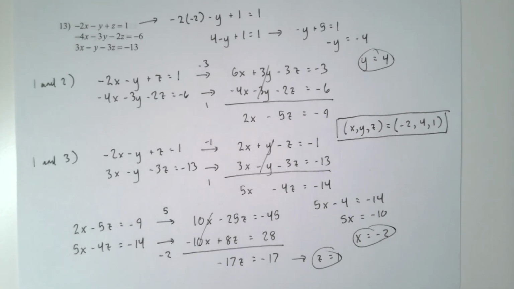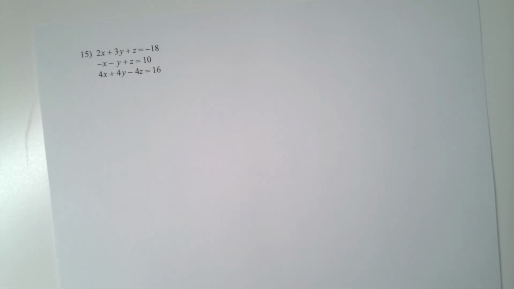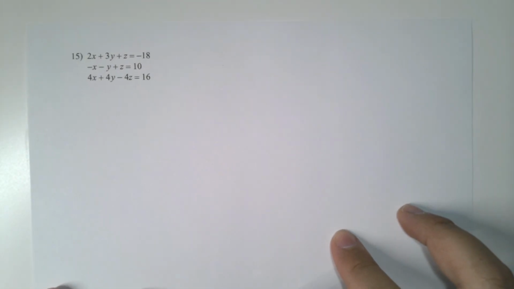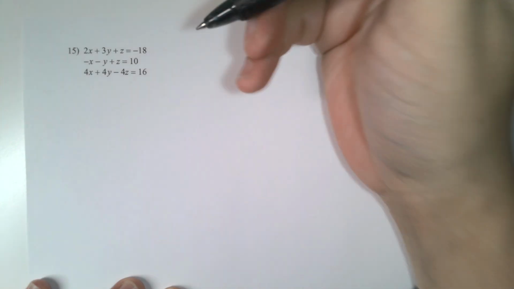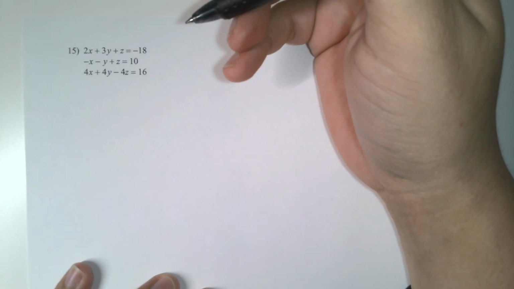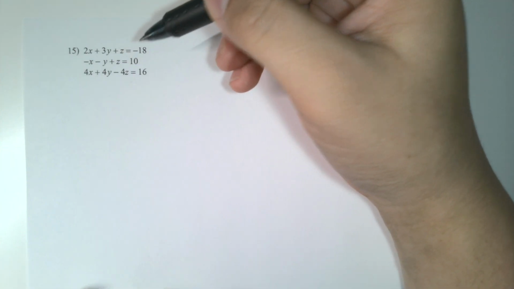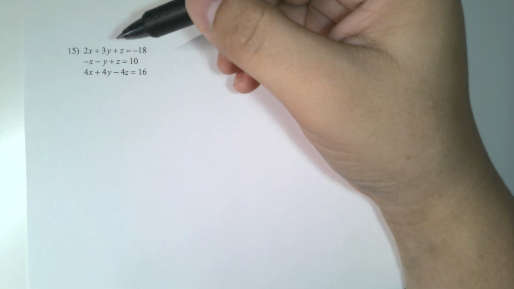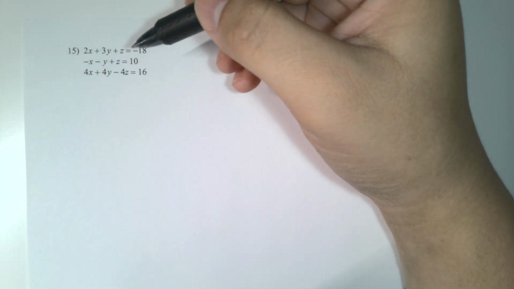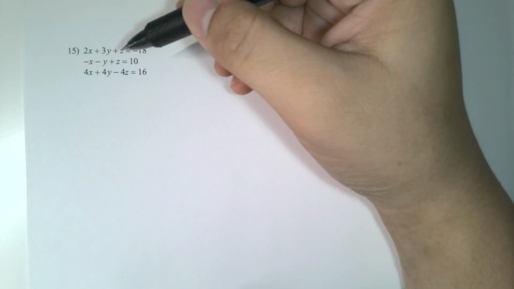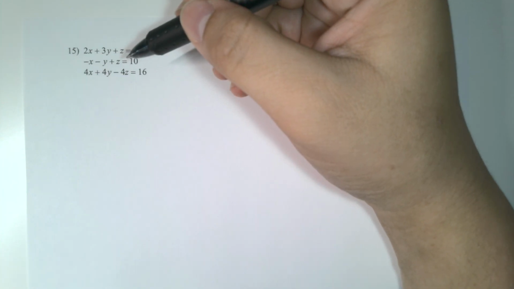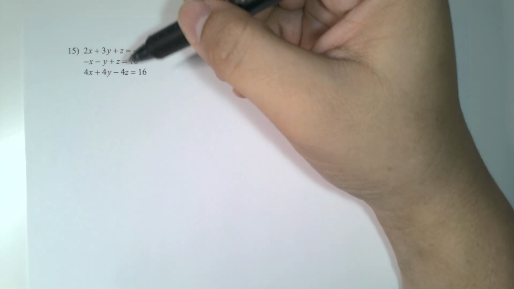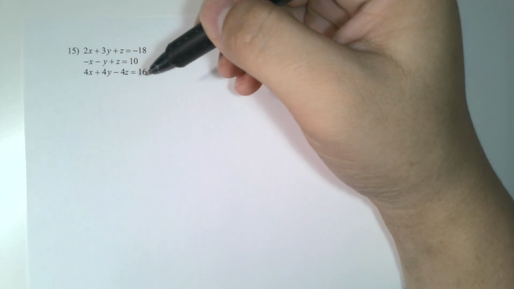All right. So last one, we just have number 15. Let's choose a variable to eliminate. I think a prime candidate here is probably z, because we can negate one of the equations 1 or 2, and then we can multiply one of them by 4 to eliminate z with equation 3.